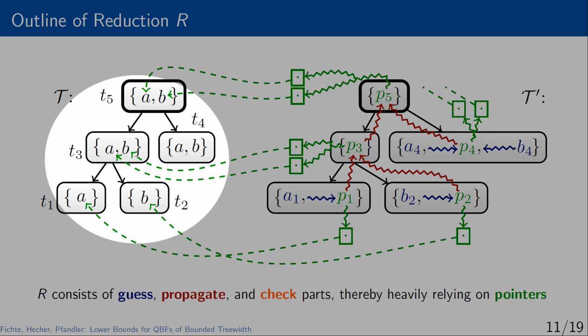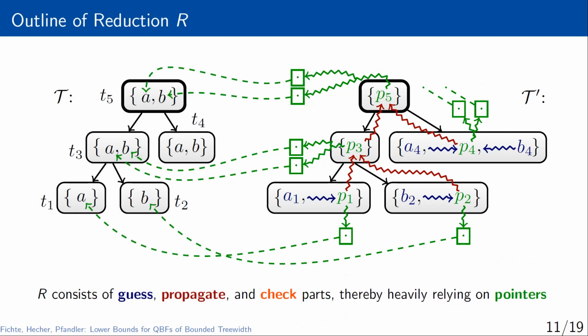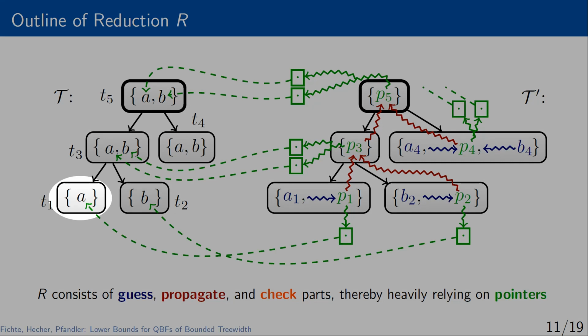This outline highlights the following. On the left-hand side, we see a tree decomposition of the primal graph of the matrix of a given QSAT i instance. And on the right-hand side, we see a corresponding tree decomposition of the primal graph of the matrix of the resulting QSAT i plus 1 instance. So we basically see a one-to-one correspondence between a bag of a tree decomposition of the input and a bag of a tree decomposition of the output.